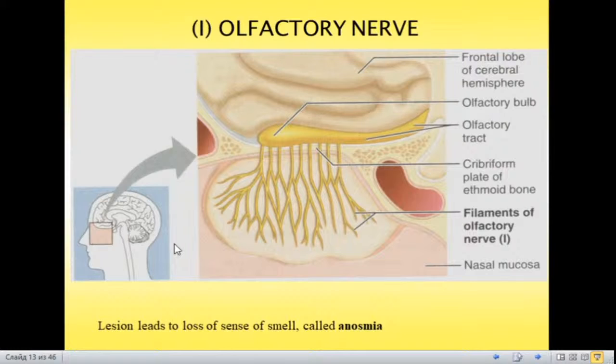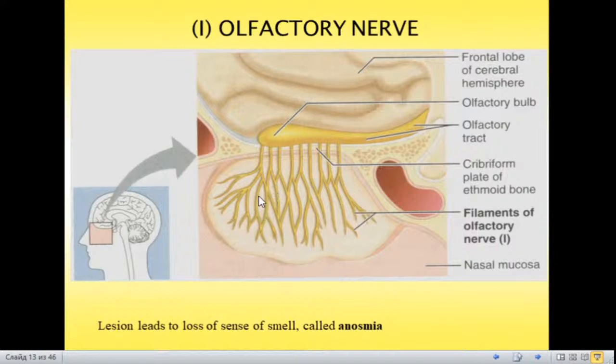In this case, you have to start to describe in details topography, pathway of smell analyzer. As you know, first neurons are located in the nasal mucosa lining superior nasal concha and superior nasal meatus.